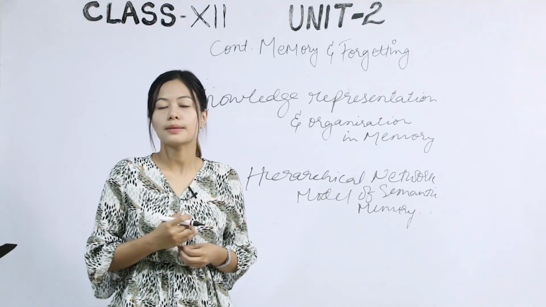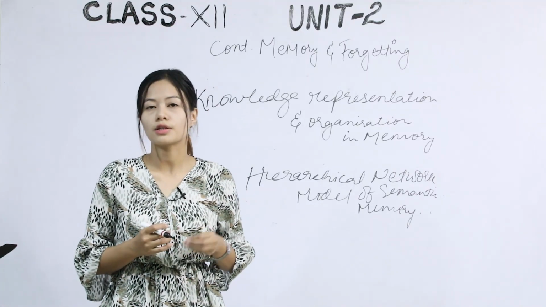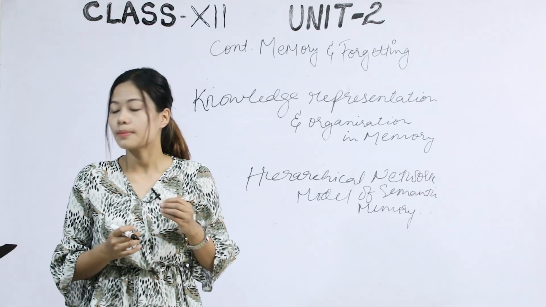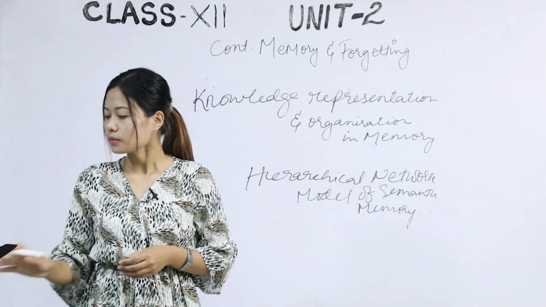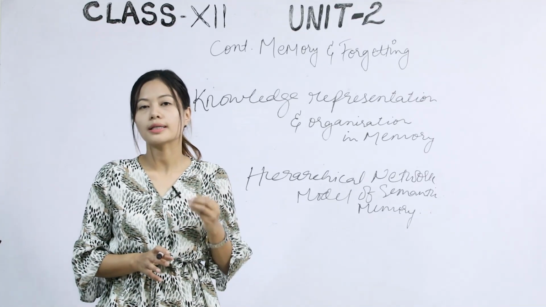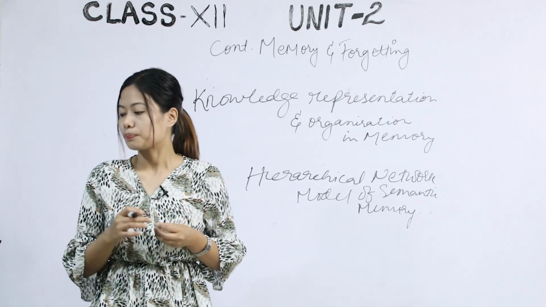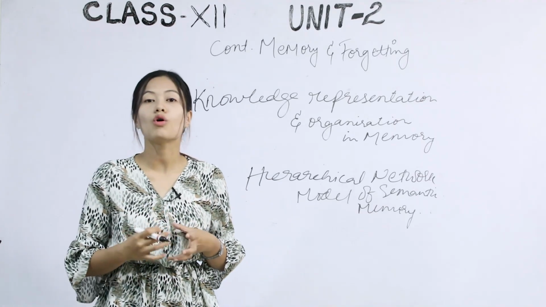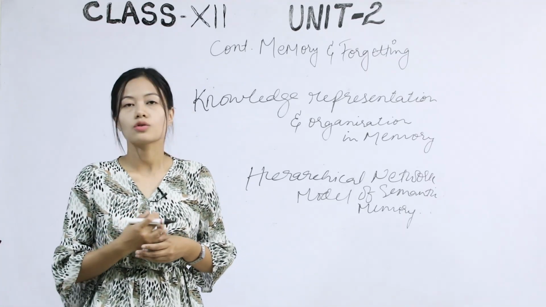This was the first systematic model of semantic memory. We have already discussed in the previous class that semantic memory refers to concepts or ideas that are not formed from personal experience, but more from common knowledge, such as the sounds of letters.